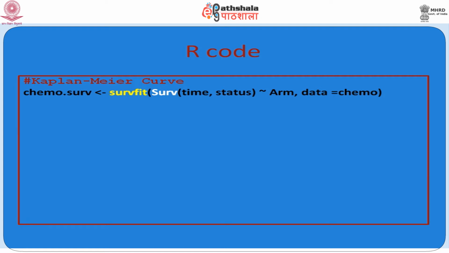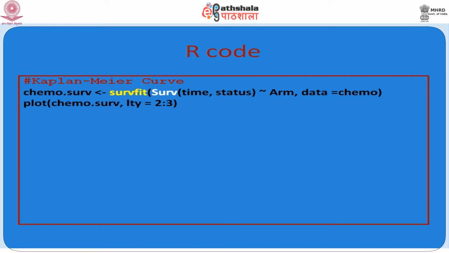In that library, if we put the variables time and status following arm, it will give the estimate of survival curves between the two arms, that is the cetuximab and methotrexate arms. What is the status corresponding to their duration of time? Basically it's a comparison of survival duration between two curves through their survival duration estimates.